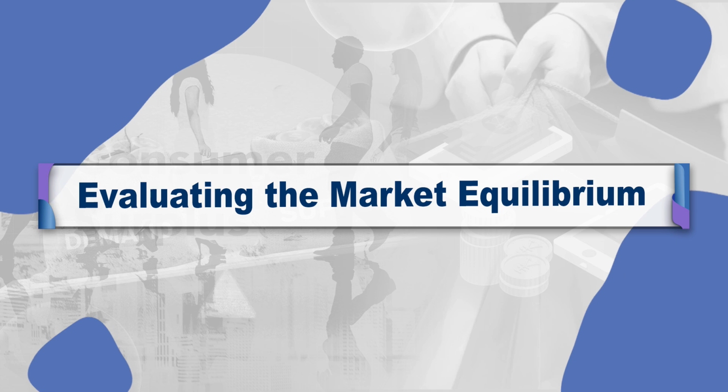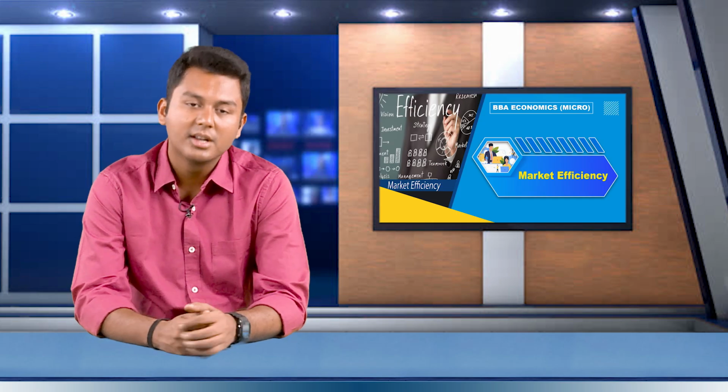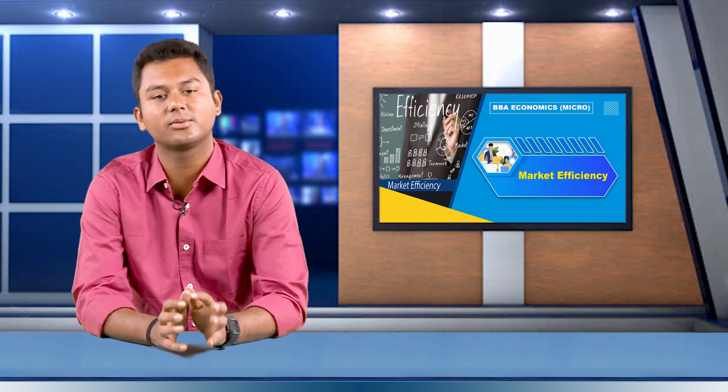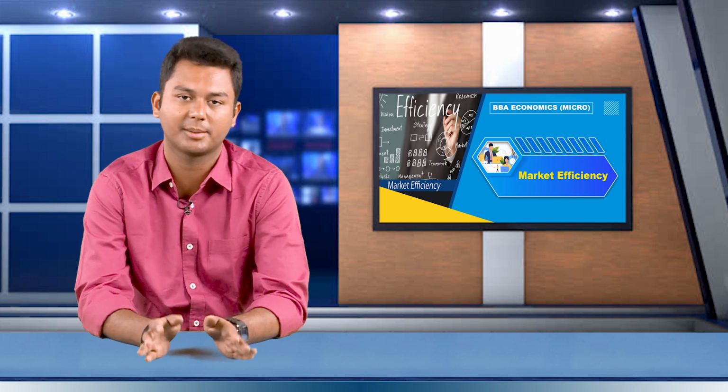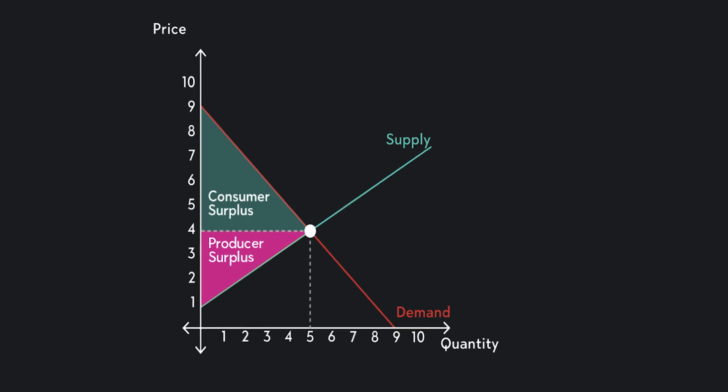Let us evaluate market equilibrium with a few graphs and see how these things work out. So, as you can see, figure 1 shows consumer and producer surplus when a market reaches the equilibrium of supply and demand. Consumer and producer surplus in market equilibrium.